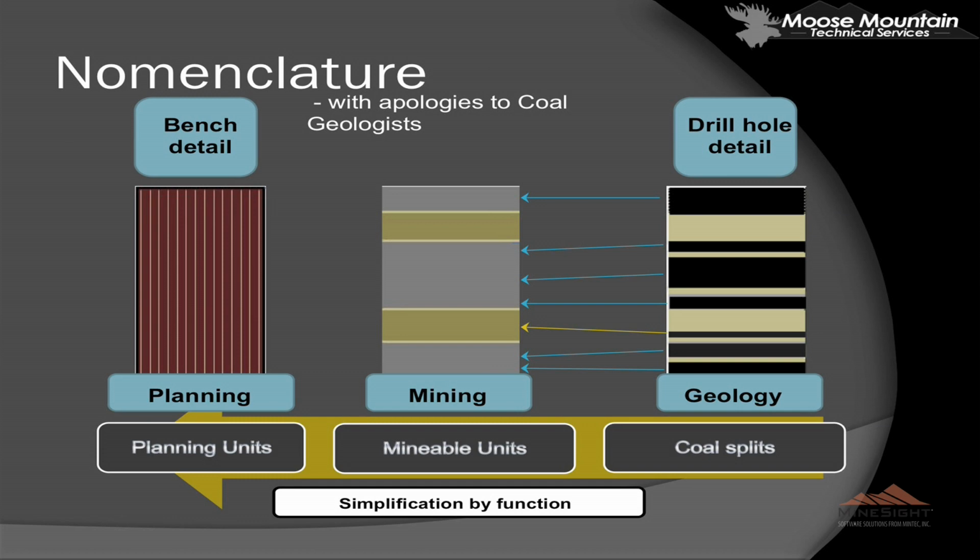Working from right to left, we're looking at the drill hole information that we get on a complex coal, in conceptual format at drill hole level detail. Shown in black are what would be coal intersections, let's say on the order of decimeters, and parting information, or rock. So that's how a geologist sees the drill hole information.